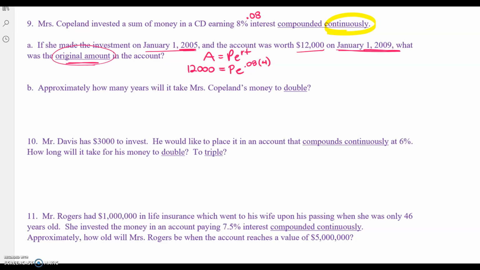So this is the equation that I want to solve. So basically, I'm just trying to get P by itself, and I'm going to do that by dividing both sides of the equation by e to the 0.08 times 4 power. Now you can multiply that out if you want to.